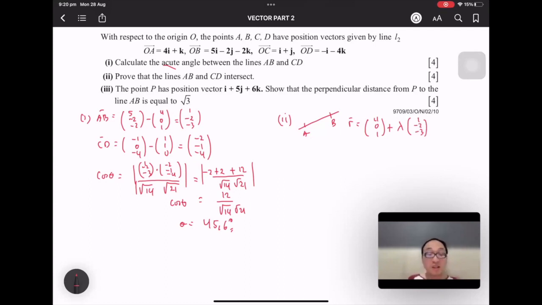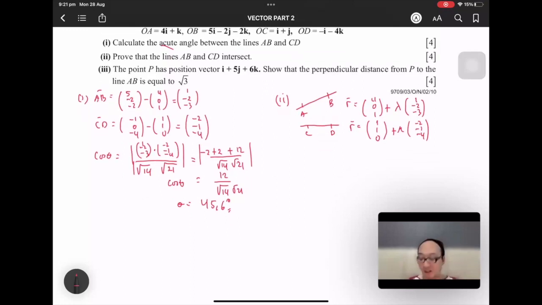That's AB. How about CD? The vector equation will have the initial point I choose C, 1, 1, 0, plus mu times the direction of CD, -2, -1, -4. In this case, I can ignore the negative here. So 1, 1, 0, plus mu 2, 1, 4.